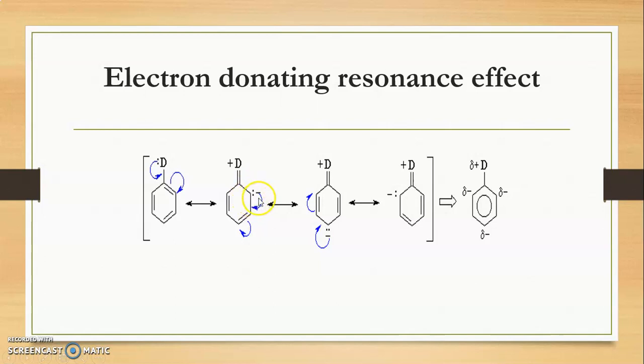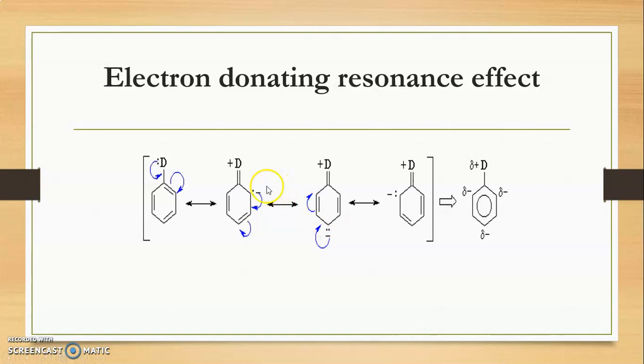Now you can see this carbon atom is unstable, because it has extra electrons. To get stability, it donates these electrons to this carbon atom and forms a new pi bond, due to which this pi bond is broken down and the electrons are shifted toward this carbon atom.